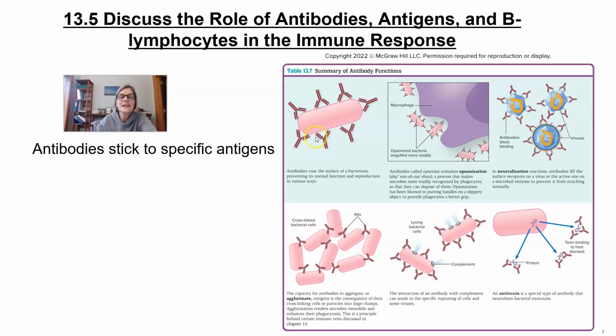Here's an example of a lot of antibodies sticking to one bacterial cell. One bacterial cell can have lots of antigen molecules on the surface. You don't need to memorize these different mechanisms. They might be things that you learned in your A&P class, but just to give you perspective, if you take bacterial cells and coat them with antibodies, they can act like flags in the immune system and flag down other white blood cells.